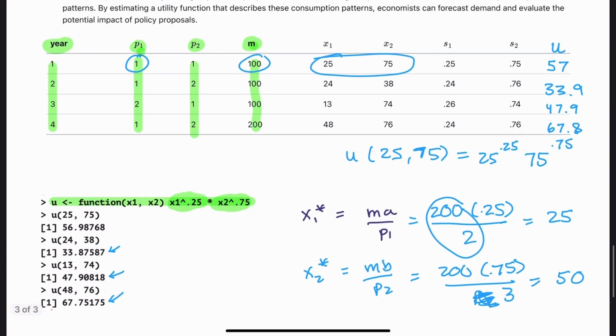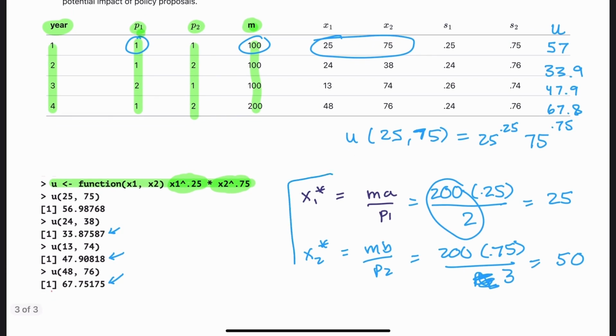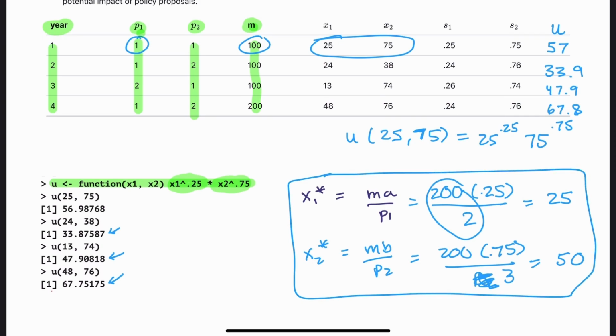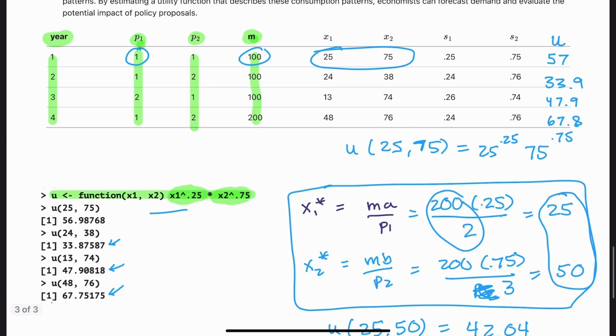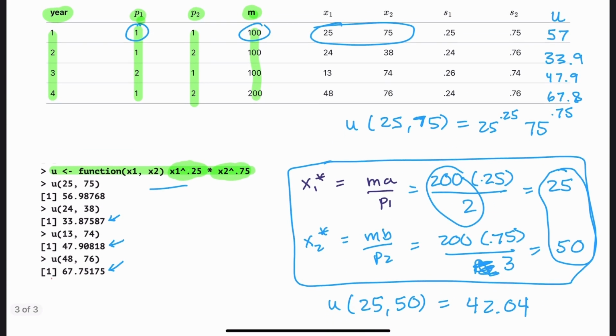So we get that the consumer, under this new income and under these new prices, will buy 25 units of good 1 and 50 units of good 2. And if we stick that into the utility function, utility of 25, 50, we'll see that the consumer is now left with 42.04 units of utility.